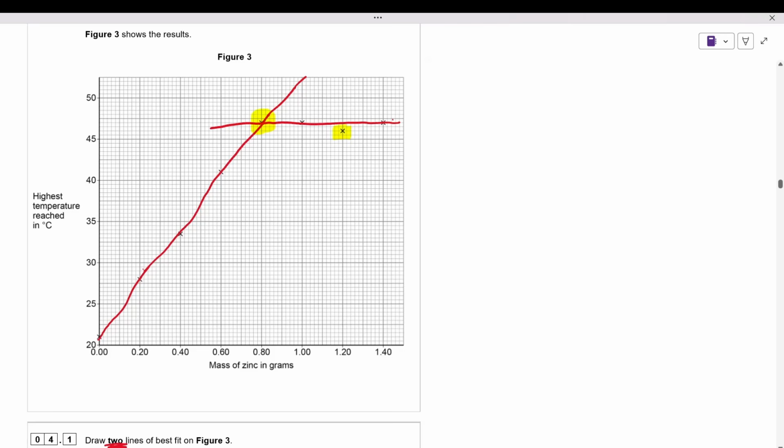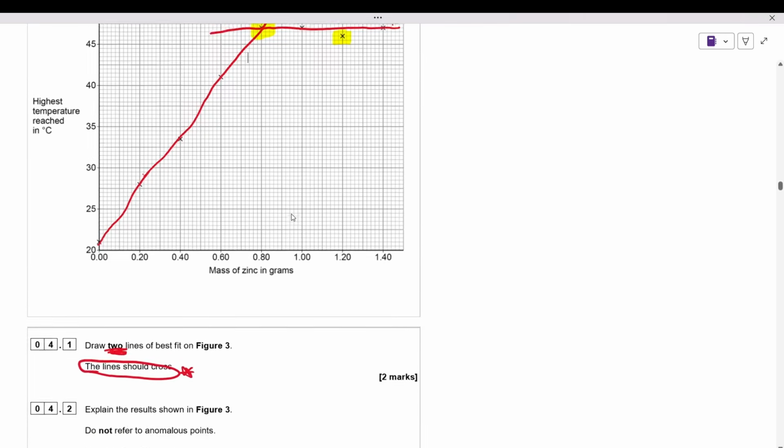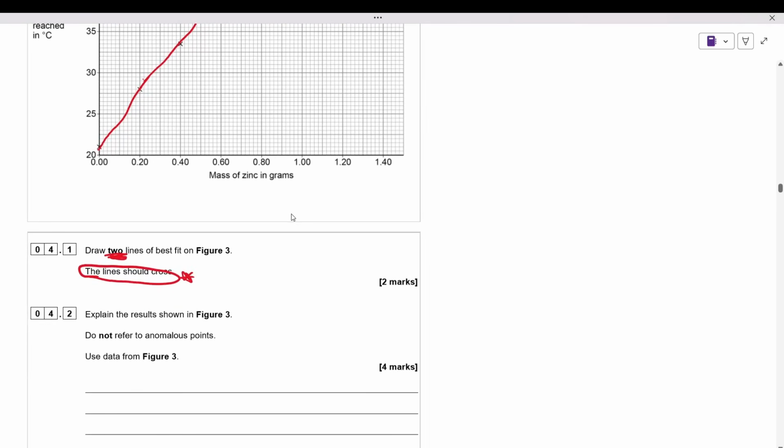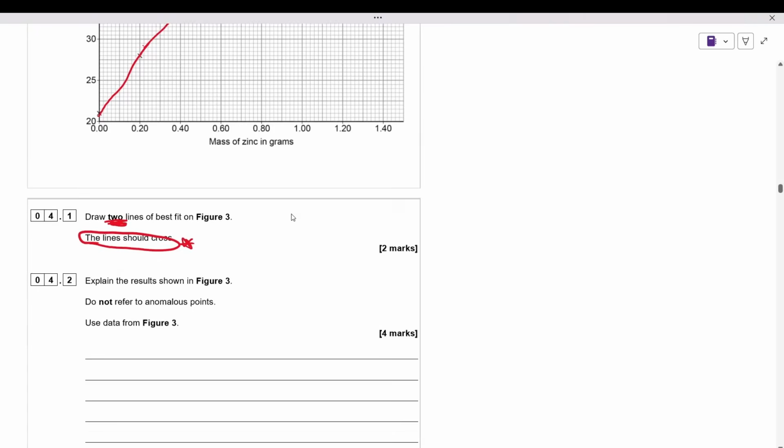Okay, so let's look at the next question. So I've done question 4.1. Let's look at question 4.2. Explain the results shown in figure 3. Do not refer to anomalous points. Use data from figure 3. So this is an explain question, which means when I'm doing so, I must include 2 keywords.